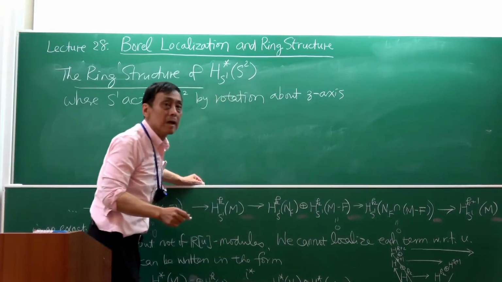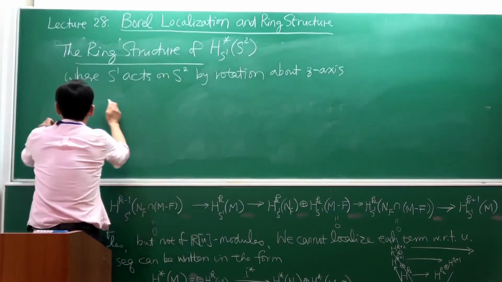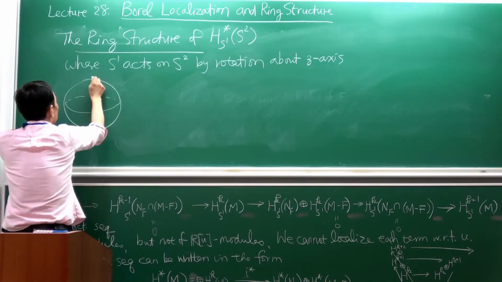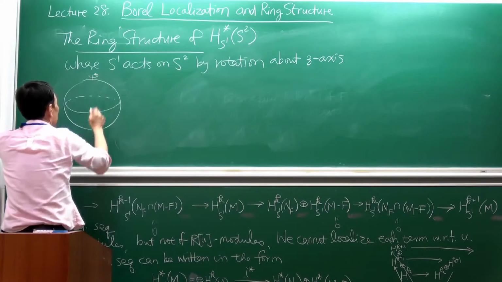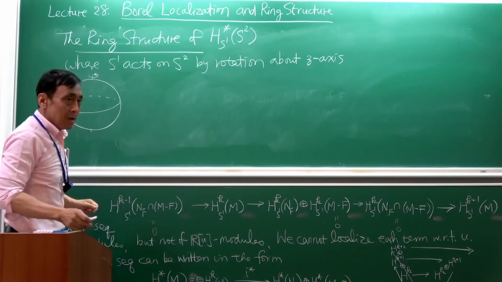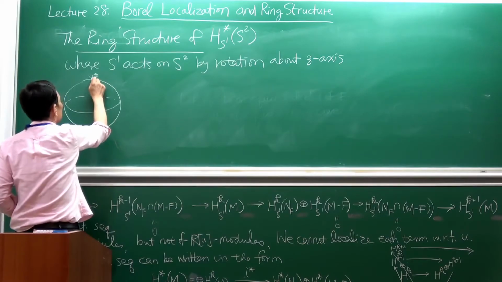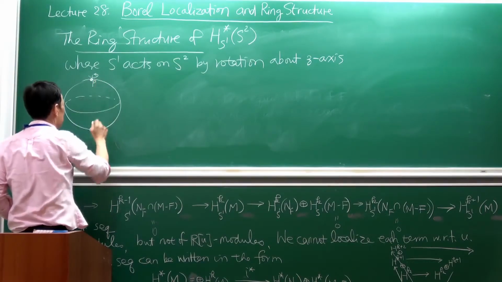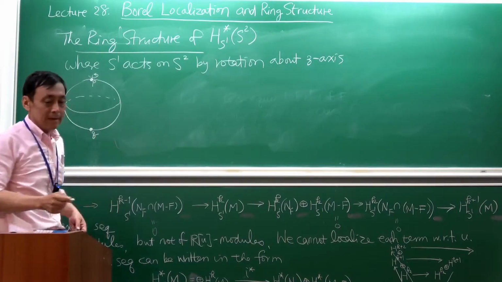So we have this picture. There are two fixed points, P and Q, the North Pole and the South Pole, right?